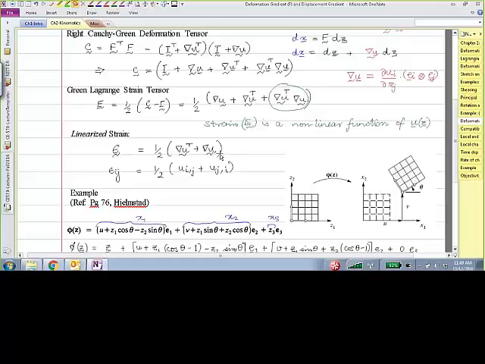And I think I showed you that this definition of strain is the same definition of small linearized strain that you might have seen in your undergraduate mechanics of materials.